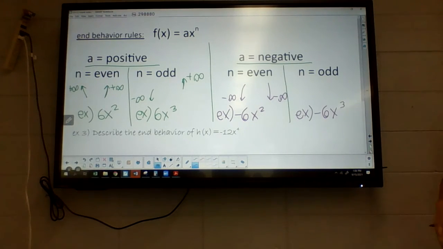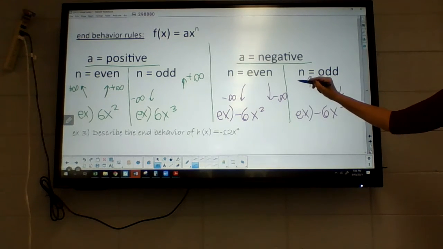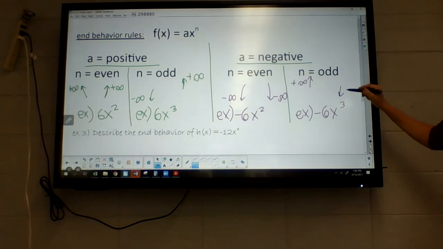And then my little cactus arms are going to flip. It's going to start up and end down. So that's like the left and right side of the graph. So these kind of tell you the limits without even having to graph this.